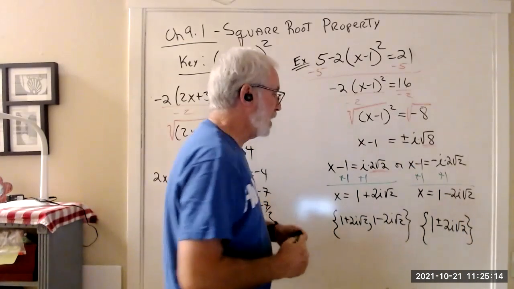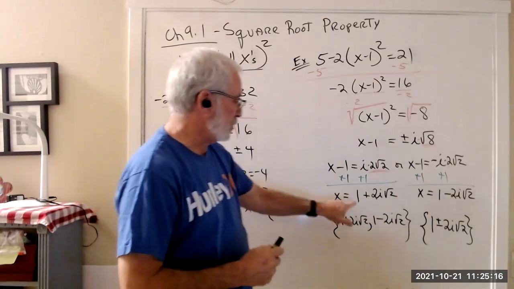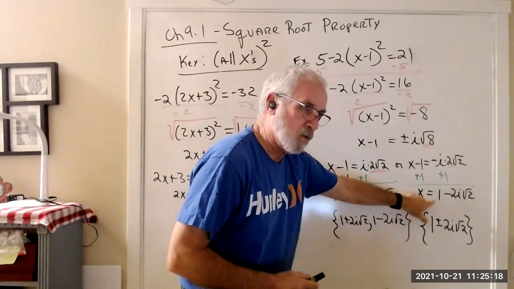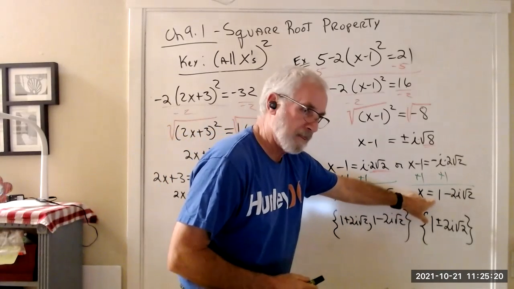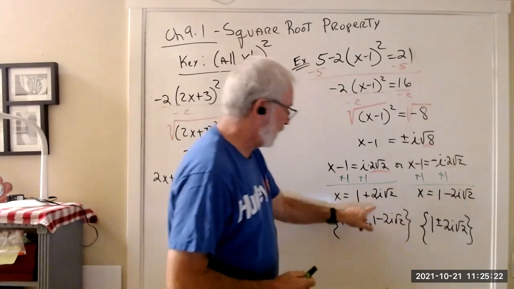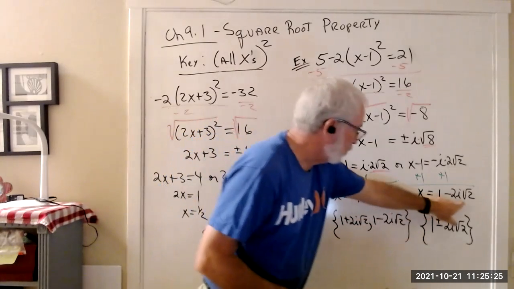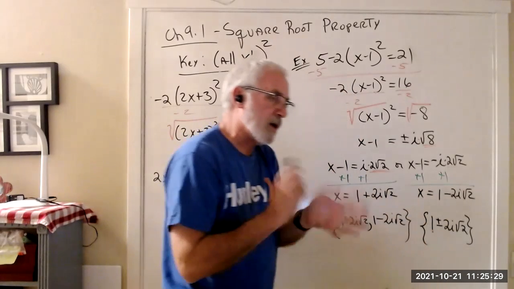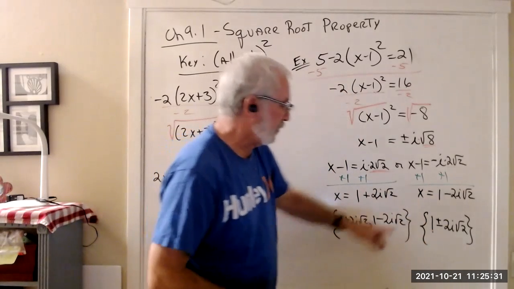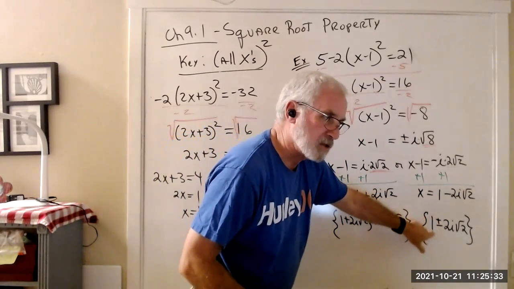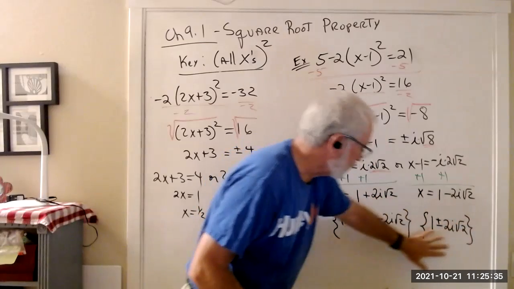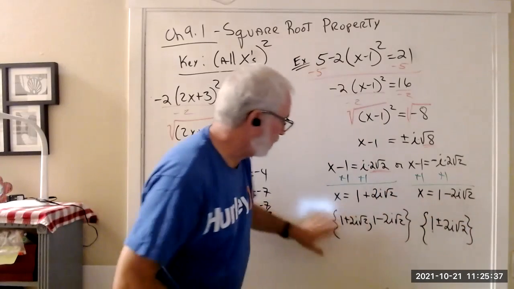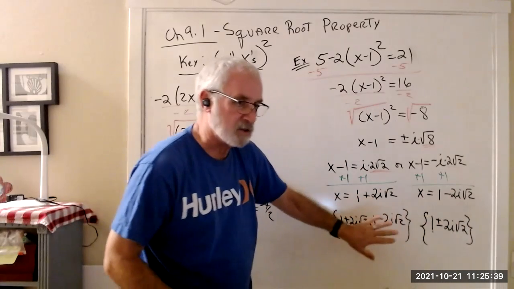Because they recognize that both of these answers start with a 1. And the second number is a 2i radical 2, but one of them's a plus, one of them's a minus. So the two answers are identical, except one answer is a plus, one answer is a minus.